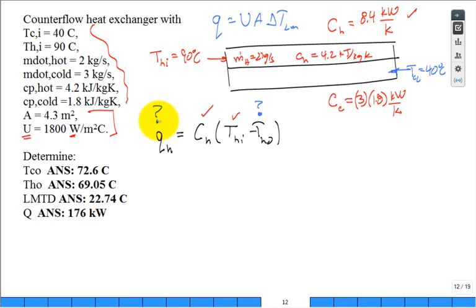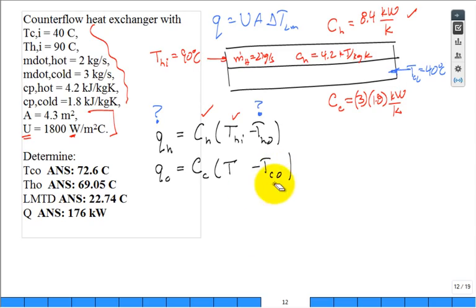I don't care how long you work on this problem. Bang your head against the brick wall, look for another equation. So we get another equation. It's Q for the cold: heat capacity rate of the cold times temperature. Is it cold in minus cold out, Professor? Or cold out minus cold in? We already did that game, right? It's cold out, that's the higher temperature than cold in.